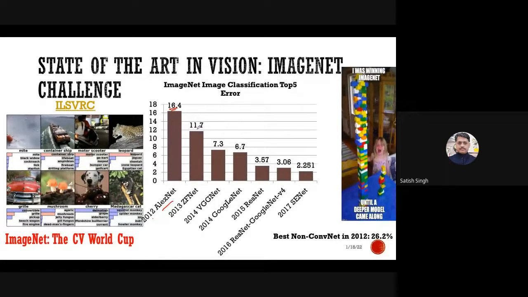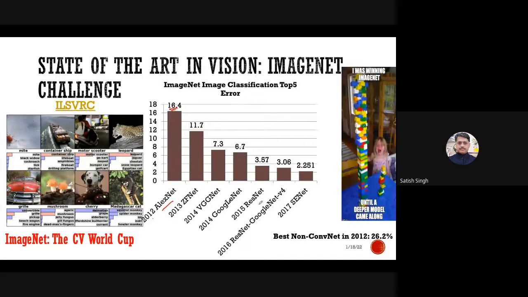So there was a jump of around 4-5%. Then again, in 2014, VGG net came into the picture, and the error rate decreased to 7.3. At the same time, GoogLeNet was also introduced. Although GoogLeNet was better, the levels of accuracy were almost similar. So both had their significance.